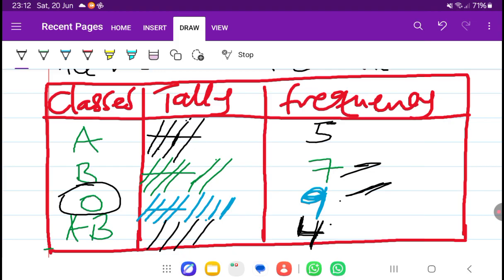So if you are looking at the mode, the mode would be blood group O, because the mode will always pick out the one with the highest frequency. The modal class will be blood group O. So these are some of the things that we can do for the qualitative data.